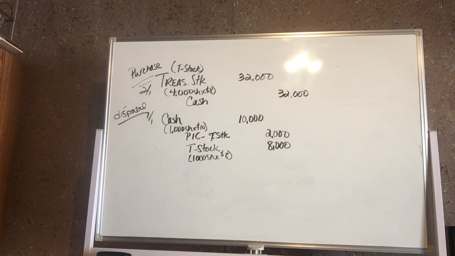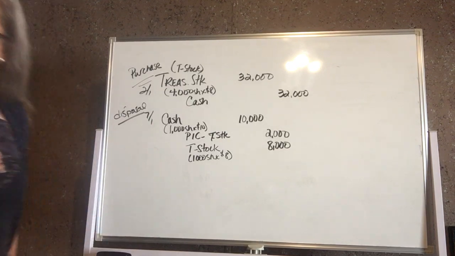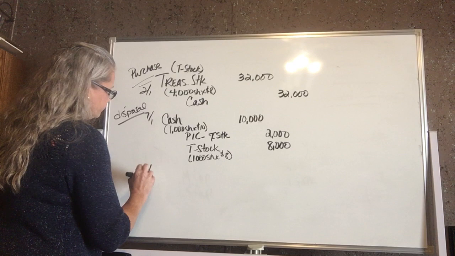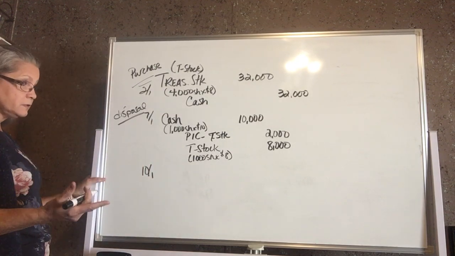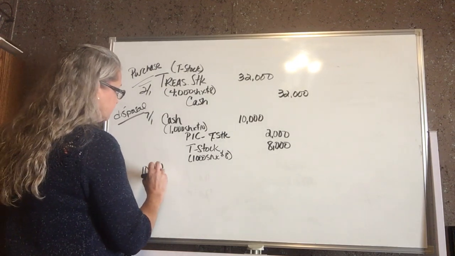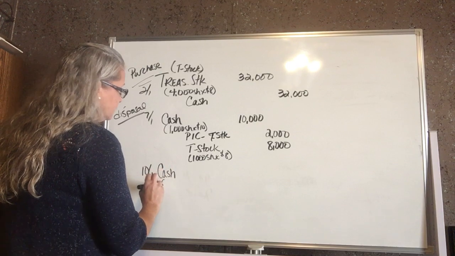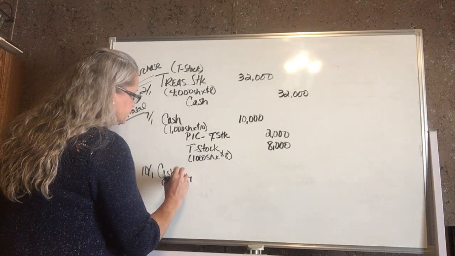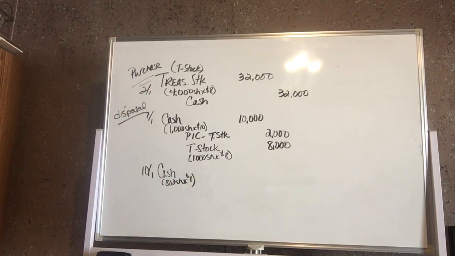If we sell an additional 800 shares at $7 per share, we're going to do that on October 1st. Still selling it, so I'm still getting cash. How many? I'm selling 800 shares at $7 each, for $5,600.